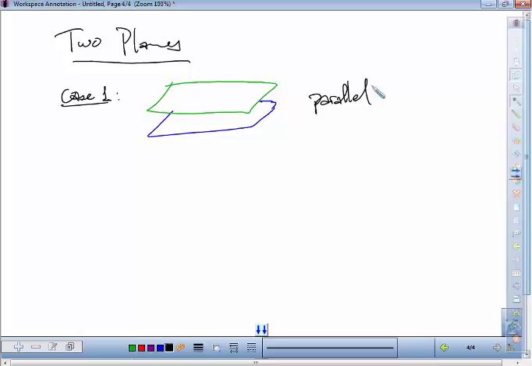Okay, so the two normal vectors should be parallel to each other. So it's quite possible that one vector would be going one way and the other vector would be going the totally opposite way. But as long as the two vectors are parallel, then the planes themselves are parallel.